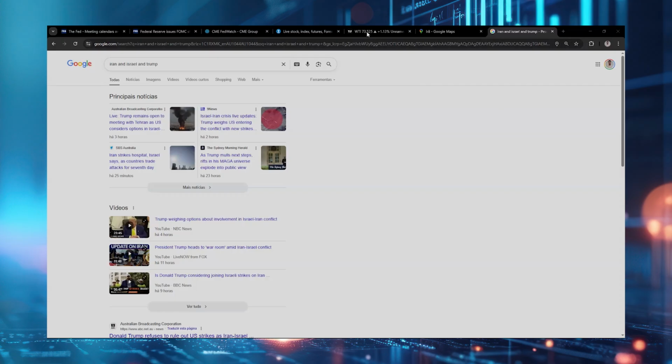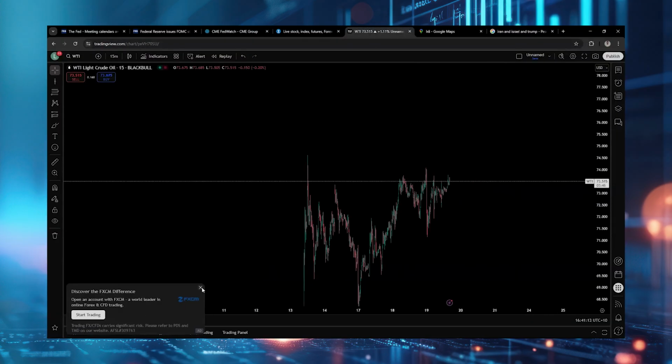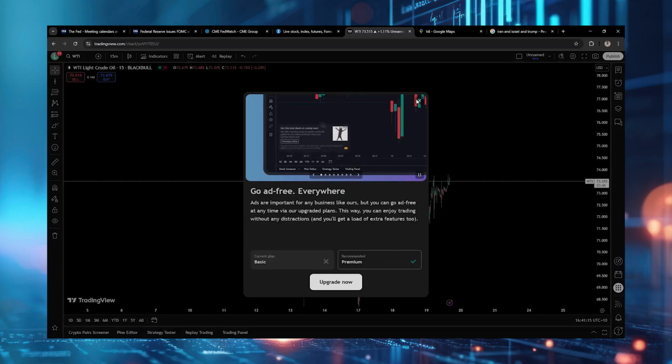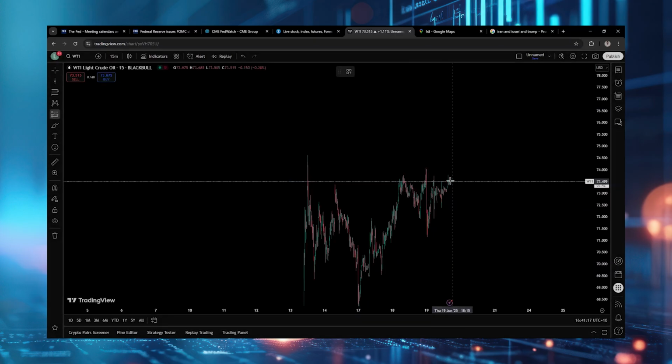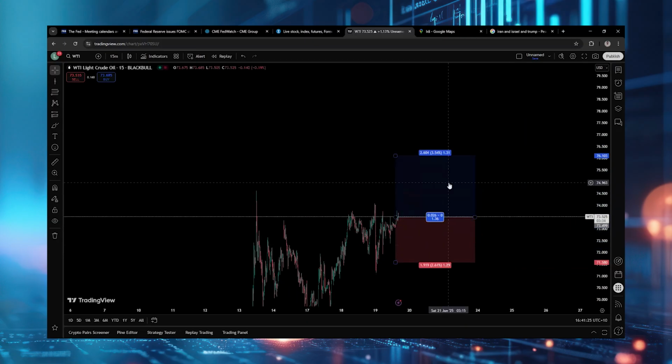So if that happens, we most likely can be looking to long oil. Let me just take this thing here. Maybe stop losses below the low around 71,500, 600. And the take profit, I'm just going to leave that open because it tends to continue. It tends to not stop for a while.